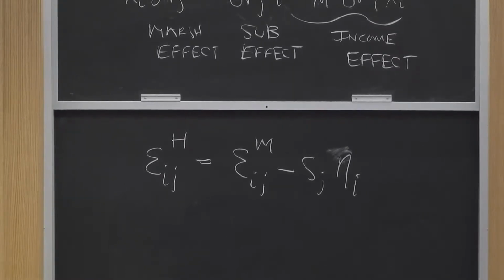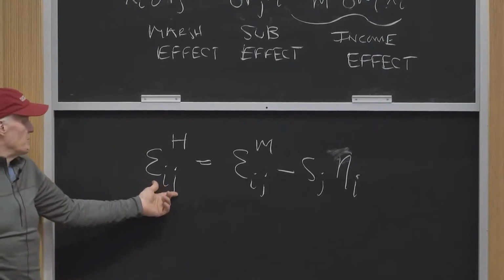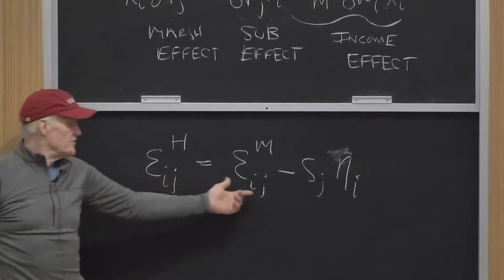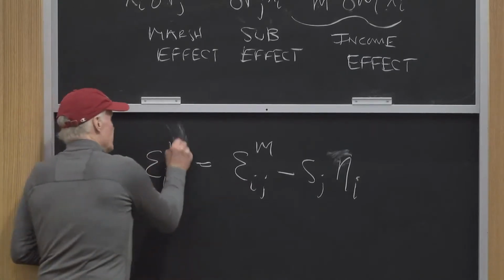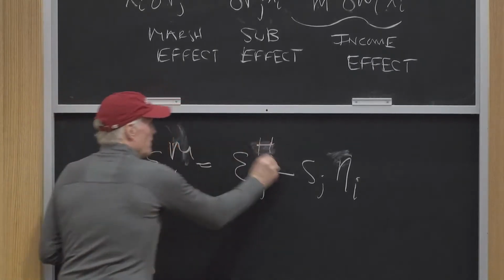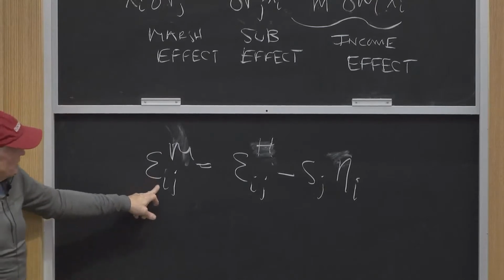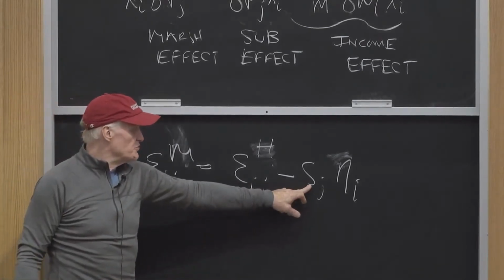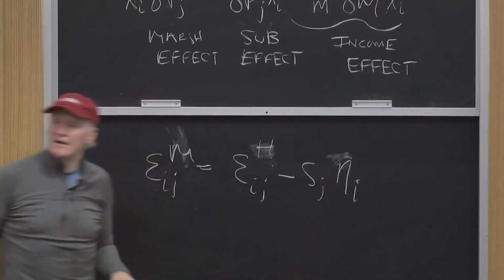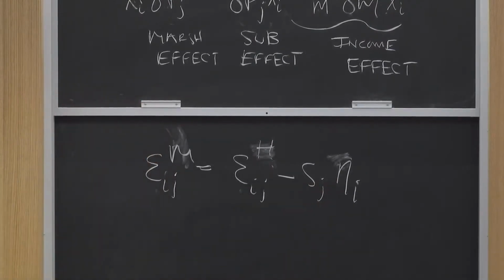It says the percentage response of good I to the price of good J is, I'm sorry, this is Marshallian, Hicksian. Sorry, I forgot I flipped my formula around. That's Hicksian. Marshallian response is the Hicksian response minus the share of the good whose price has changed times the income elasticity of the good we're looking at.